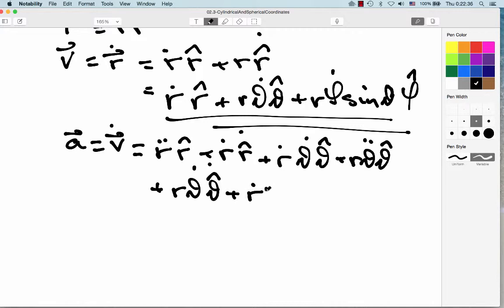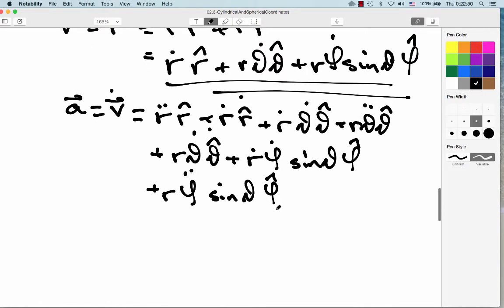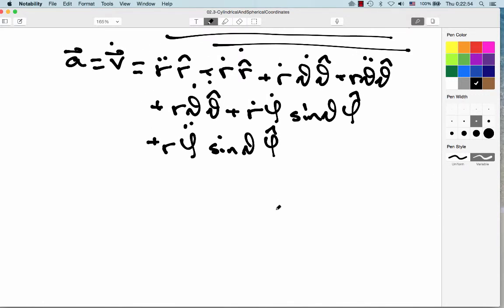So I'll have an r dot phi dot sine theta phi hat plus r phi double dot sine theta phi hat. Now differentiating the sine, we gotta be a little careful. Derivative of sine, remember, is cosine, but we also have to worry about the derivative of what's inside.